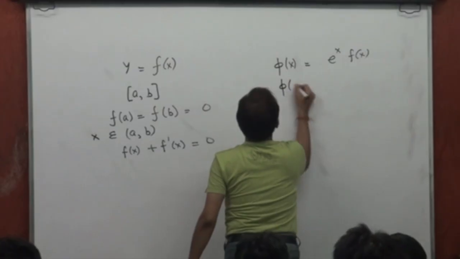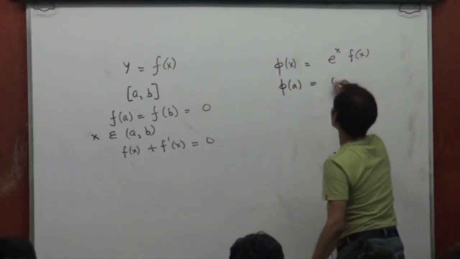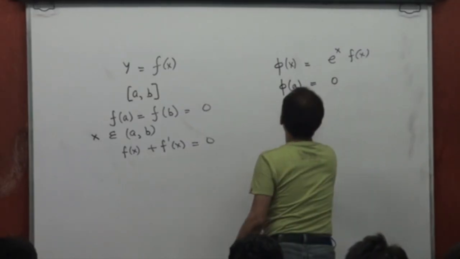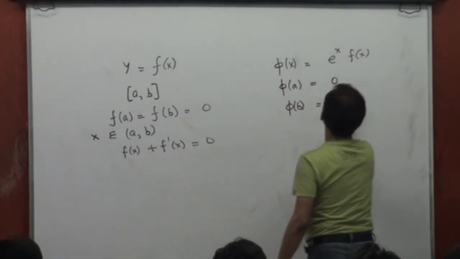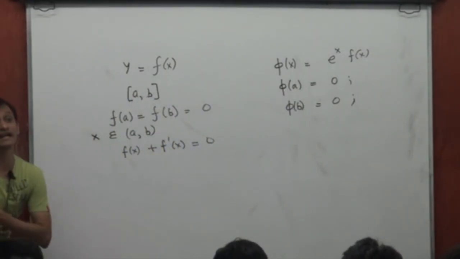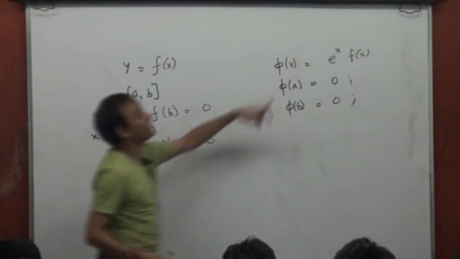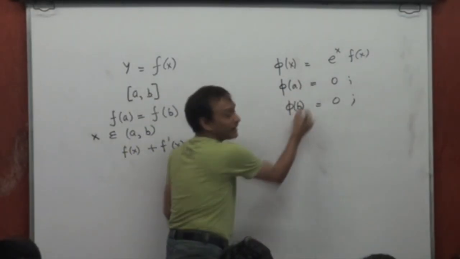Moreover, phi a is going to be f(a), which is 0, into e power a, and phi b is also 0. So phi x satisfies the condition of Rolle's theorem: it vanishes at the endpoints of the interval, and is continuous and differentiable in the interval a to b.